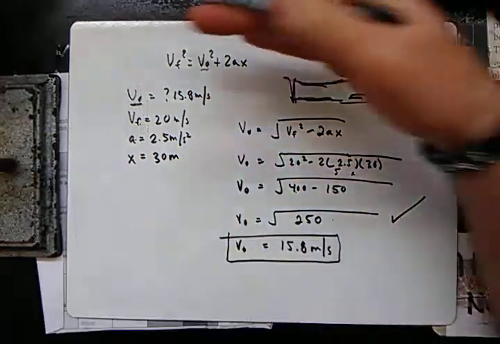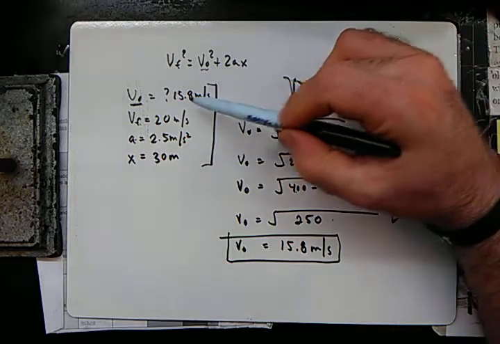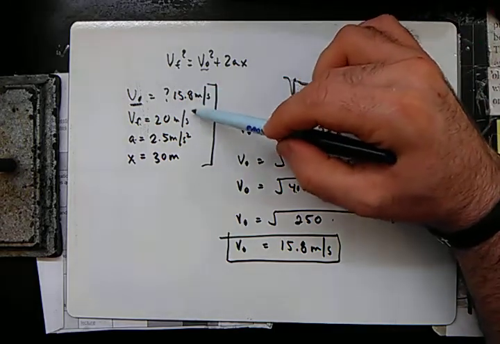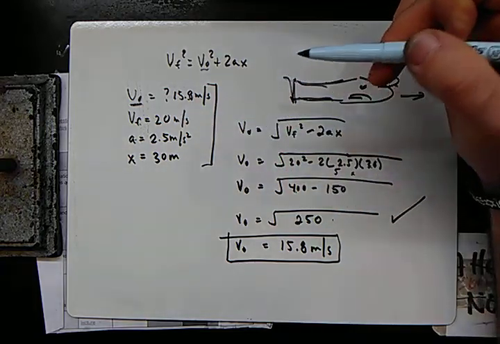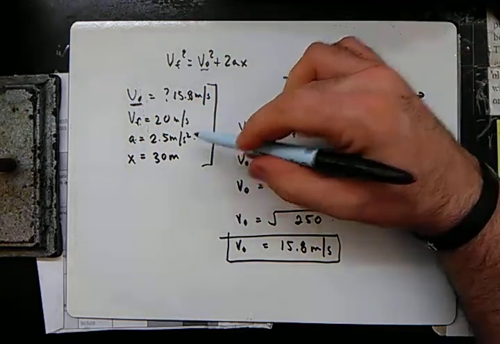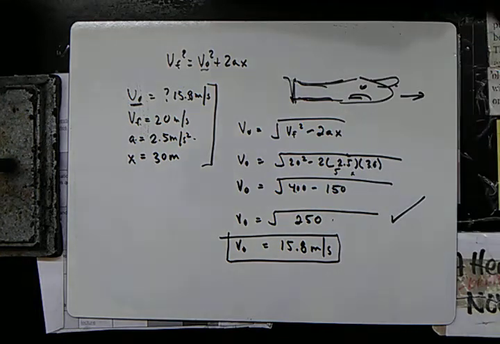So over this displacement, the velocity went from 15.8 meters per second to 20 meters per second, given an acceleration of 2.5 meters per second squared and a displacement of 30 meters.